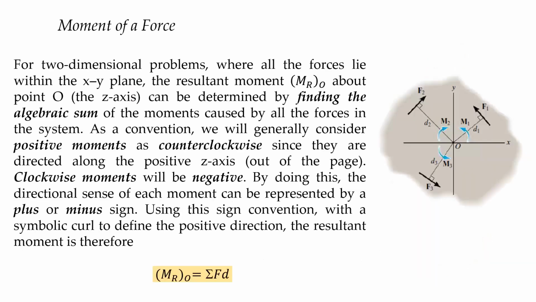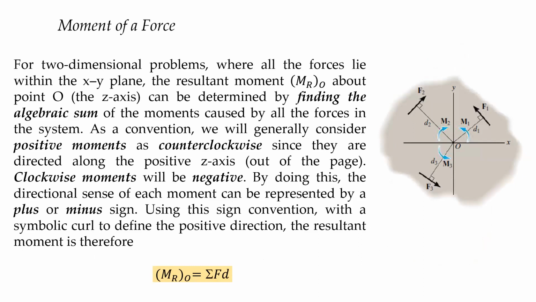Now, for two-dimensional problems where all the forces lie within the xy plane, the resultant moment, M sub R sub O, about point O, can be determined by finding the algebraic sum of the moments caused by all the forces in the system.